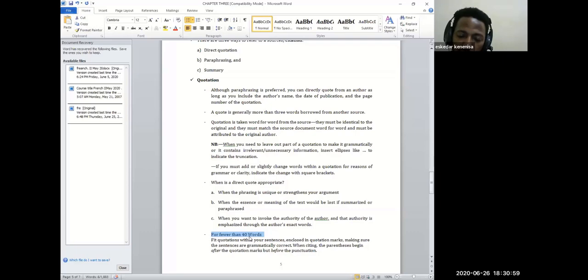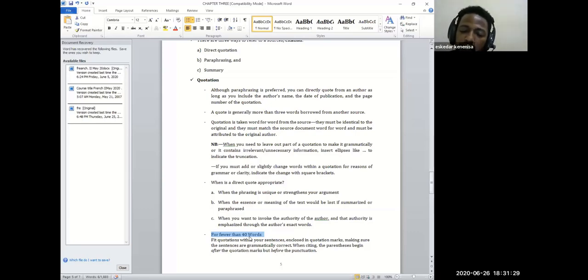Therefore, you can enclose it into your paragraph, but you have to make sure that you have included the quotation marks. And if you change the words, you have to put it under bracket. If you remove or omit some words, you have to make the ellipsis, the three dots.